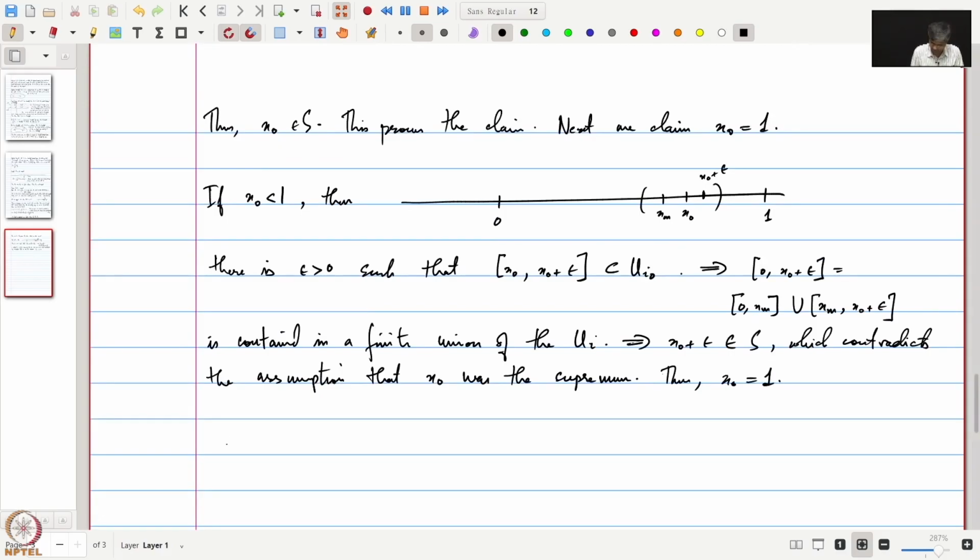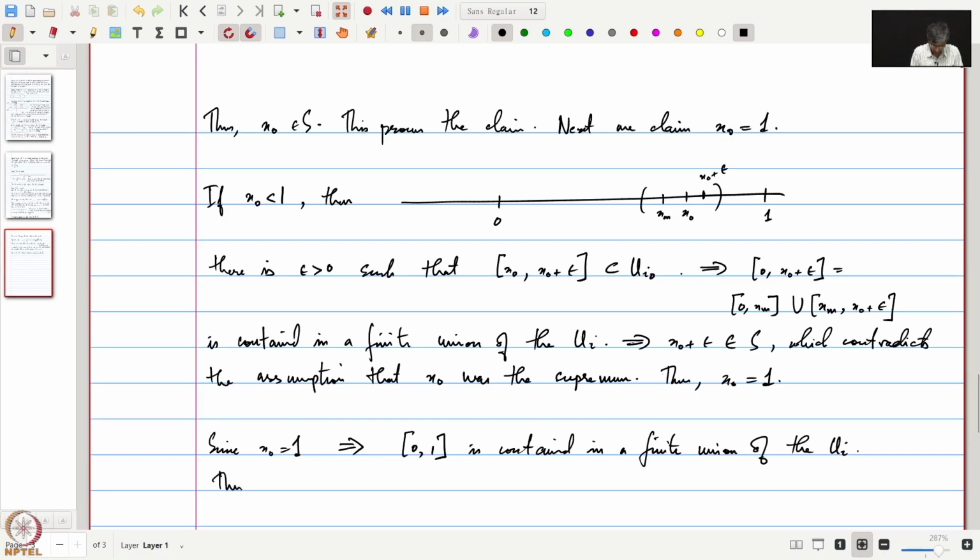Since x_0 is equal to 1, and we have already seen that x_0 is in S, this implies that [0, 1] is contained in a finite union of the U_i's.